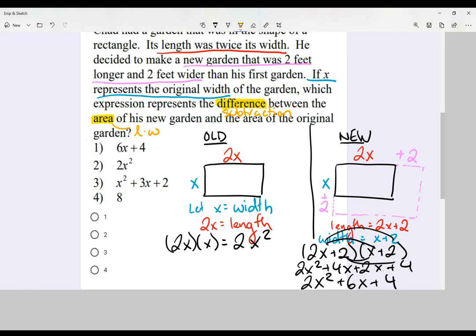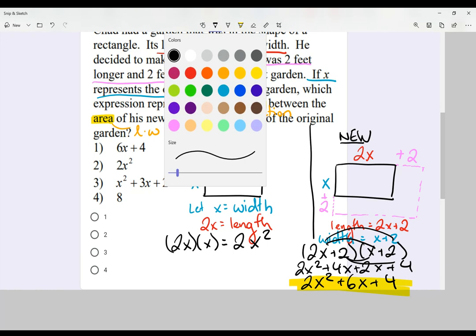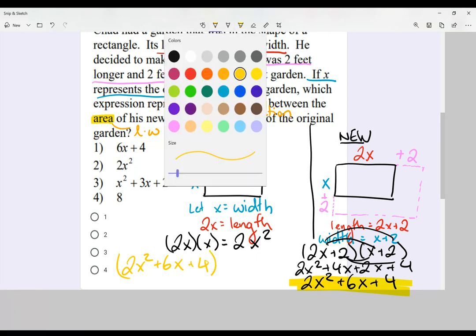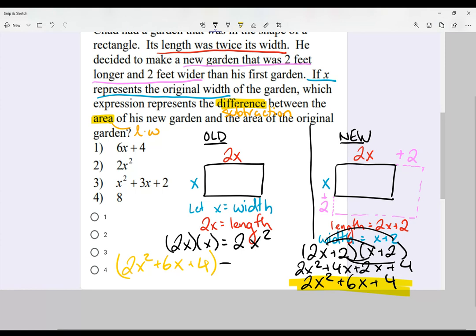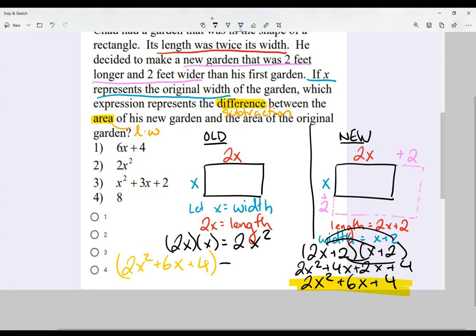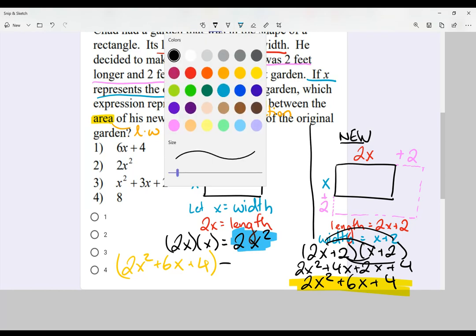And now we subtract. So let's start with the bigger garden. We get 2x squared plus 6x plus 4. And we're going to subtract the smaller and old garden, which was 2x squared.